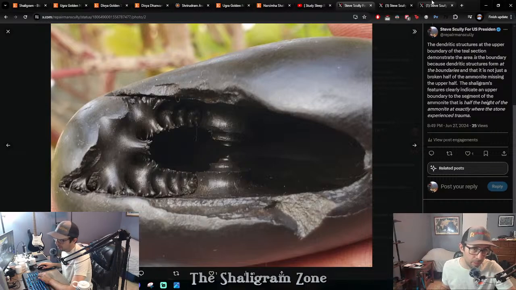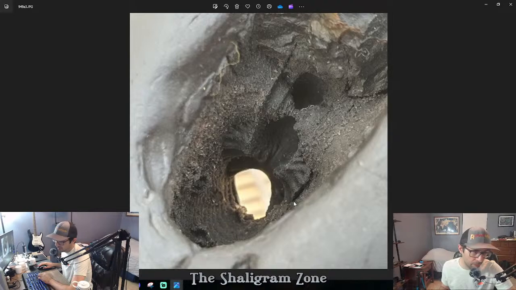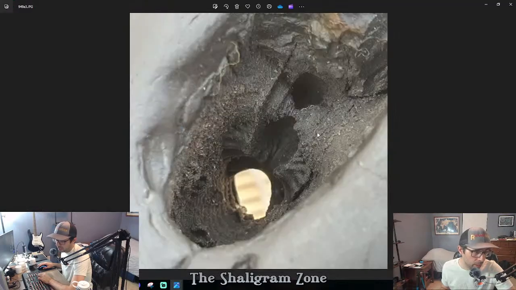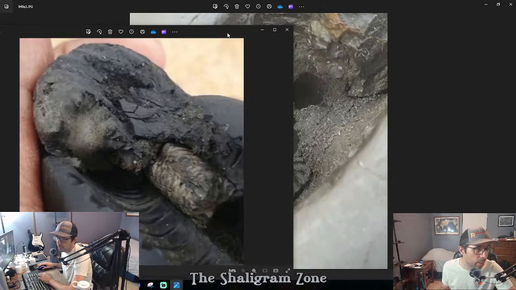But in this case, it goes down and we see the ribs, but the ribs are more defined, like ammonite ribs. These are the imprint, these things over here. Let's just get a good comparative thing.